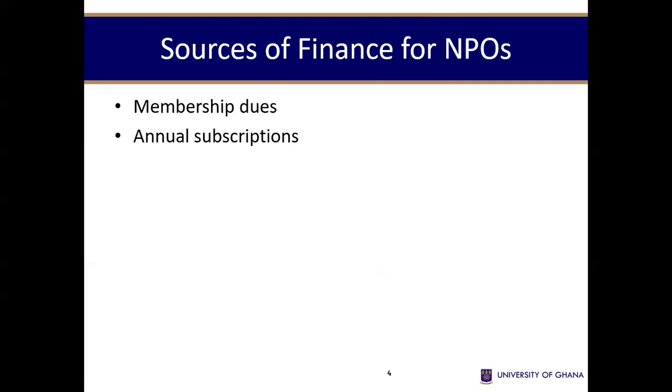And sometimes also there are subscriptions that are also paid. Depending on the nature of the NPOs, members may be required to pay dues or they may be required to make annual subscriptions. There's also the opportunity to make what we call the life subscription or the life membership fees.